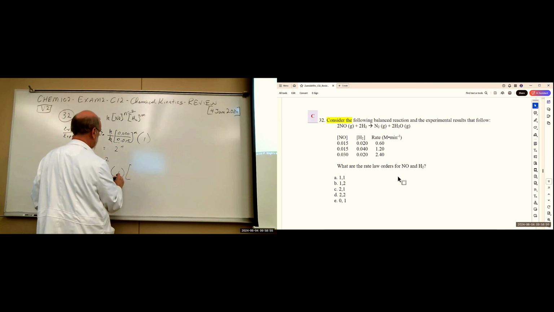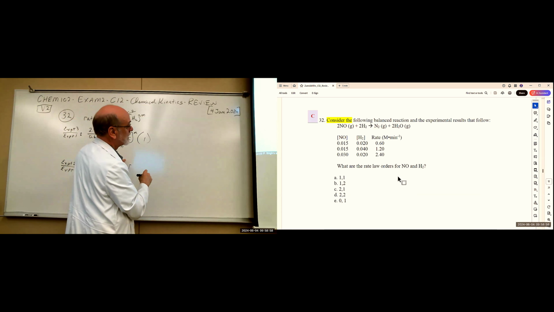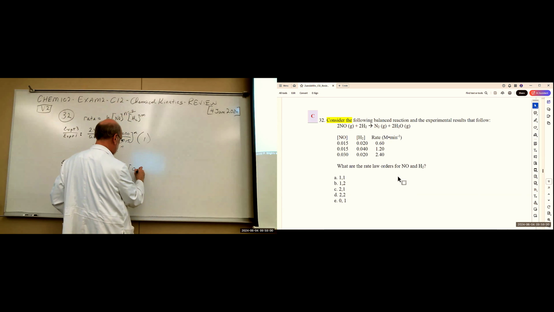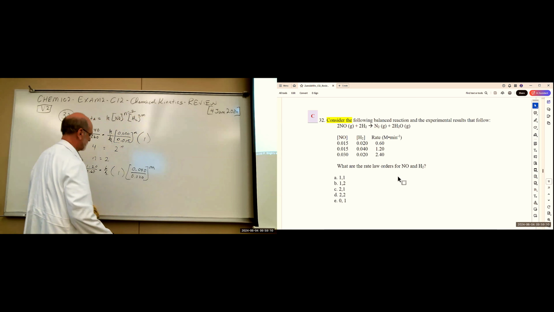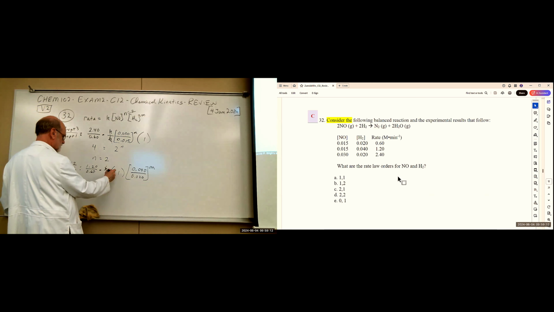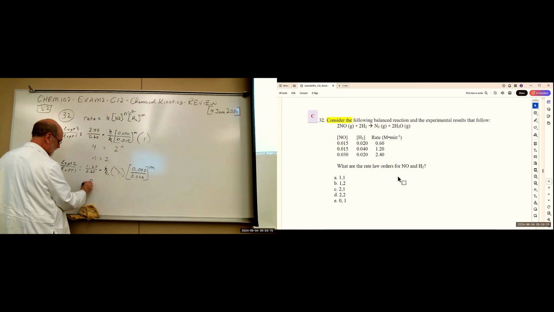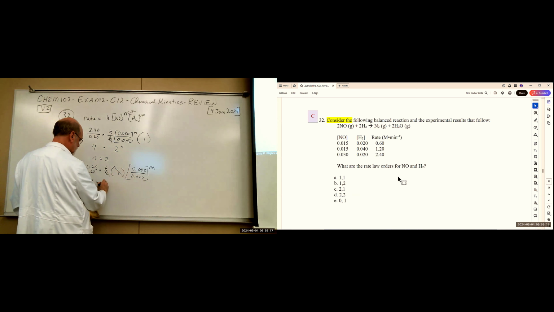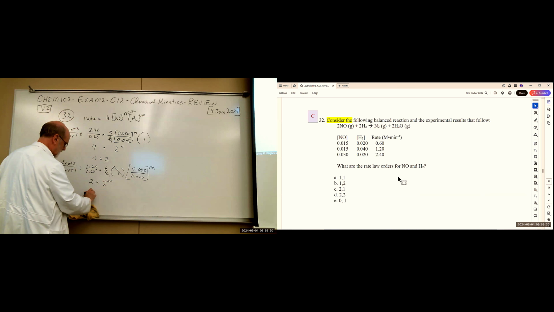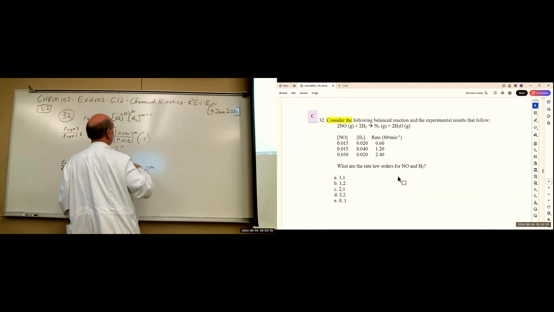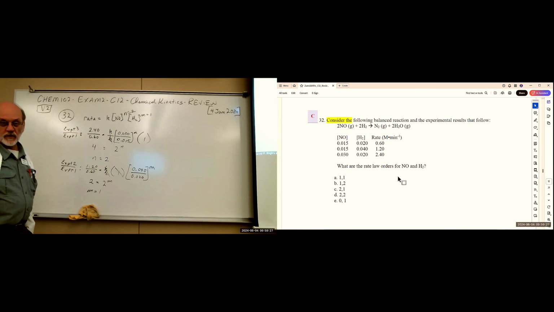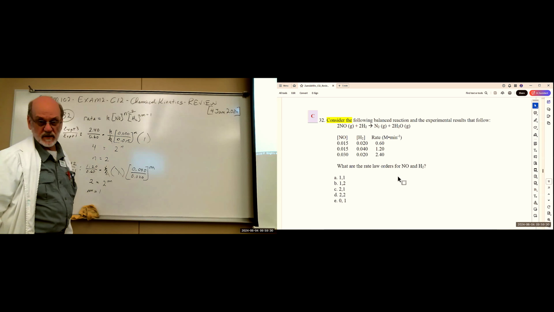This one has 0.4 divided by 0.020. And this is to the N. Okay, so those are gone. This is 2, correct? And this is also 2 to the M. So M has to be equal to 1. So that's 1. All right. So the orders are 2 and 1, or C.